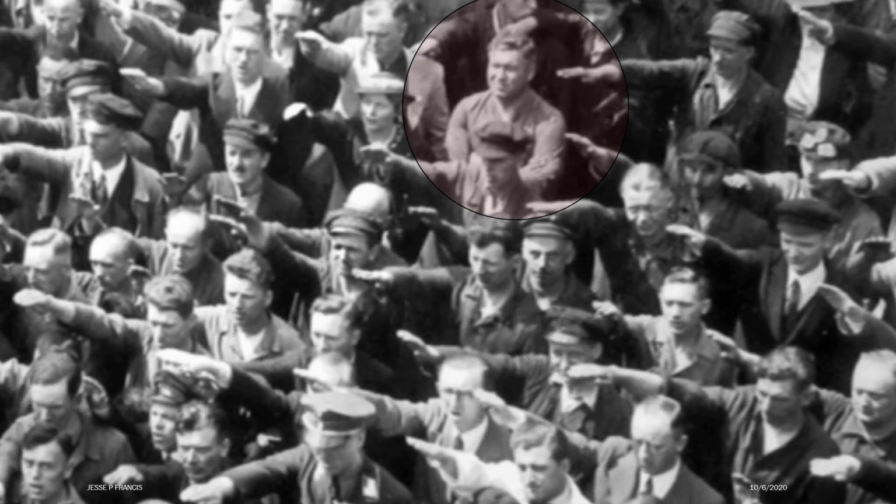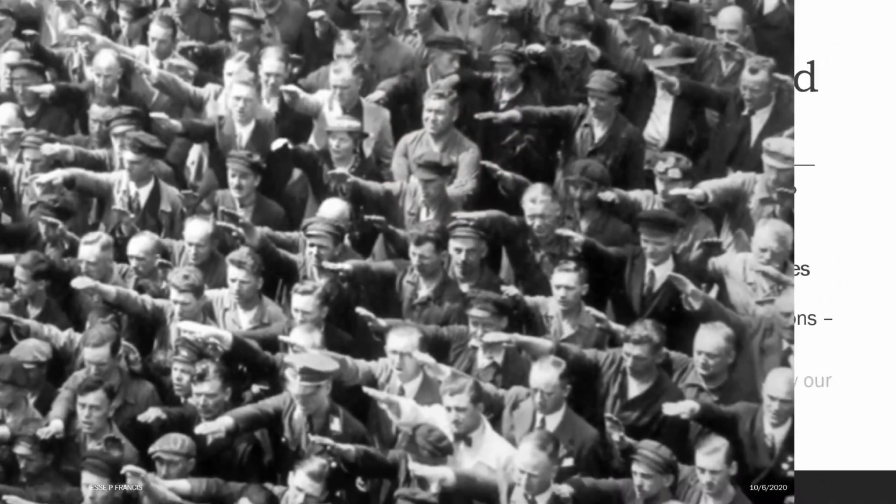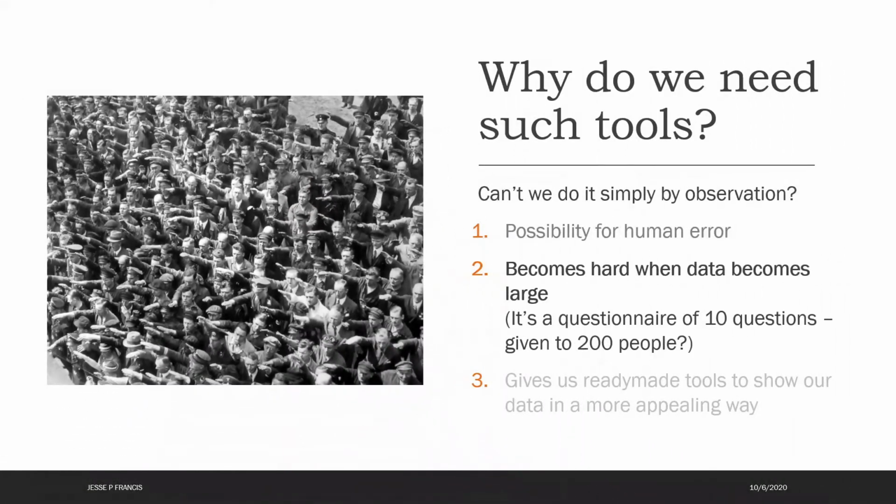This is very dangerous. Human eyes missed it that day because, given the way Hitler carried forward his rule, he might have been killed at that moment. But due to the big crowd that they were exposed to, they were not able to spot the man who was not saluting Hitler. What I'm saying is, when data gets bigger, it's hard to point out interesting features. For a more sensible example, take a questionnaire of 10 questions.